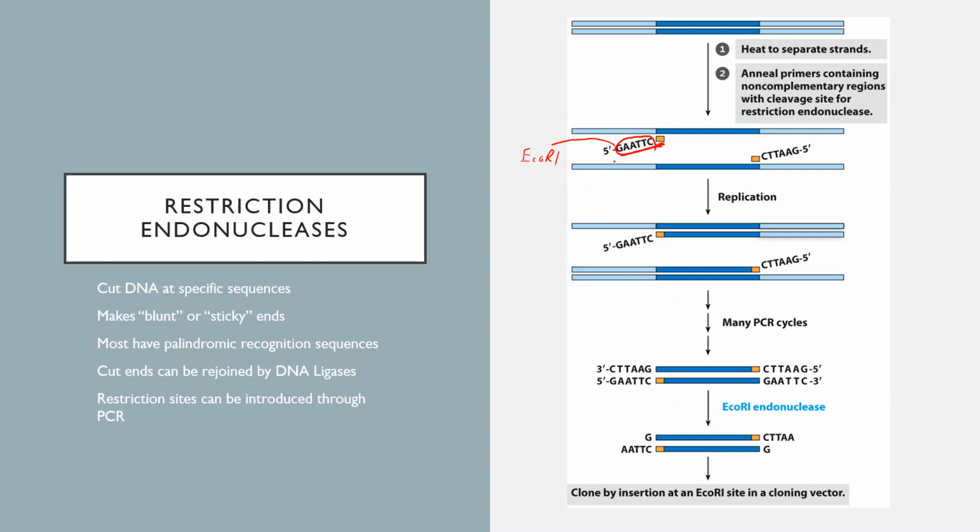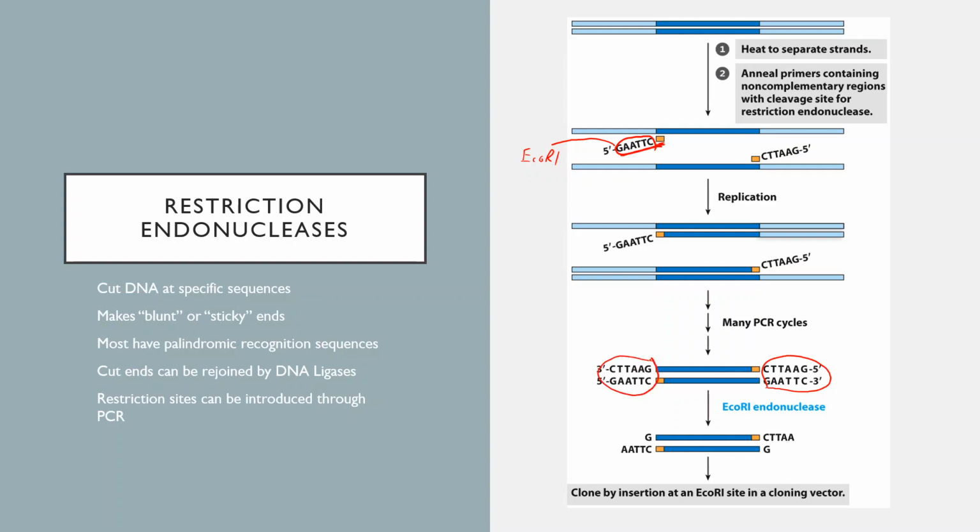recognition sequence, and so your 5' primer has this sequence attached to the primer, and then the other primer has the exact same sequence but on the other end. And so when you replicate this sequence, the copies will all contain these EcoR1 cut sites at both ends.